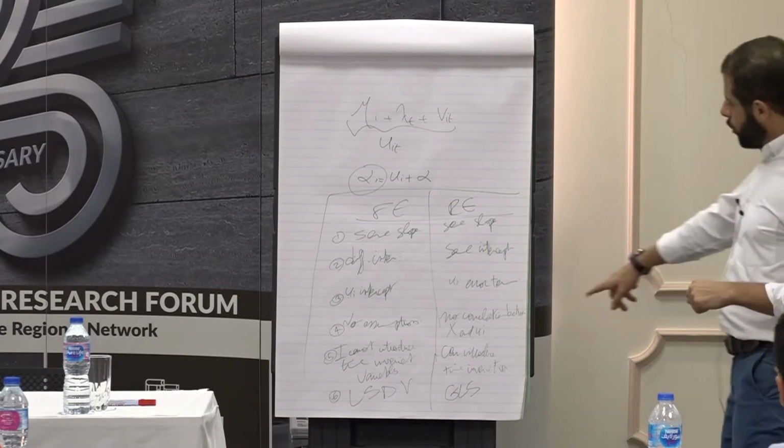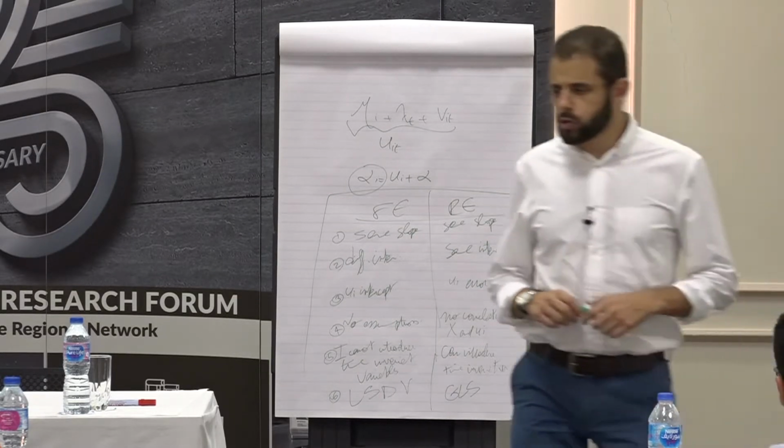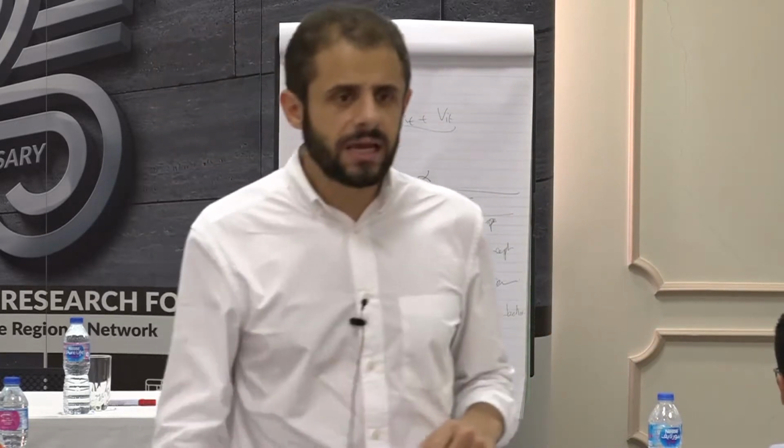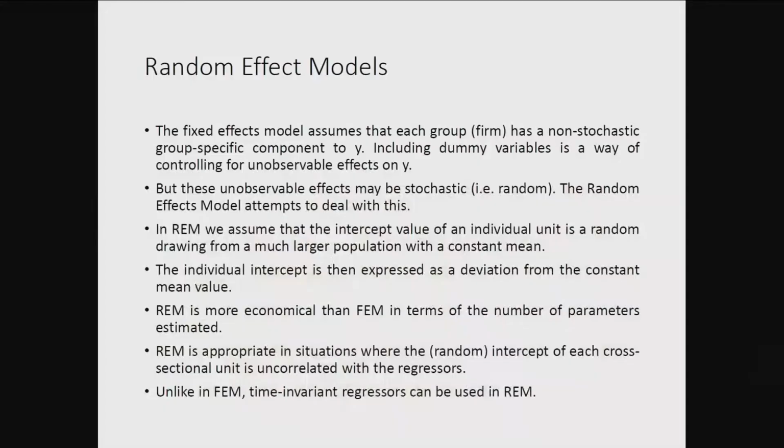A seventh point that also differs between the two techniques is that in the fixed effect model, I have to introduce a dummy variable for each individual, right? And what's the implication of this? What does this affect? My degrees of freedom.